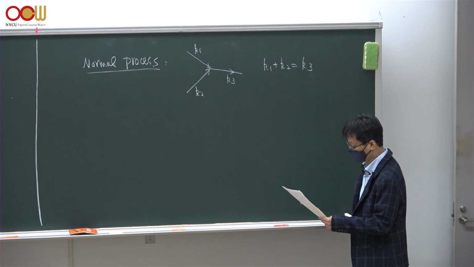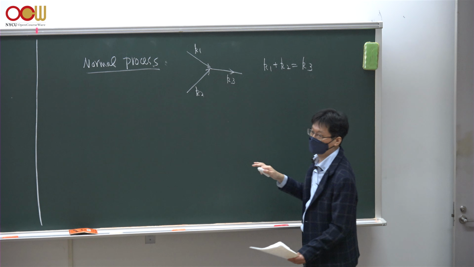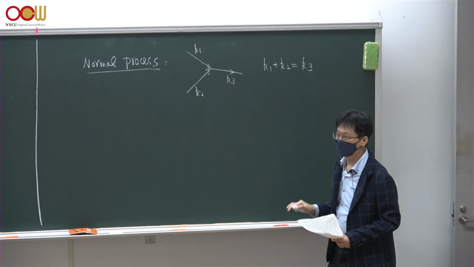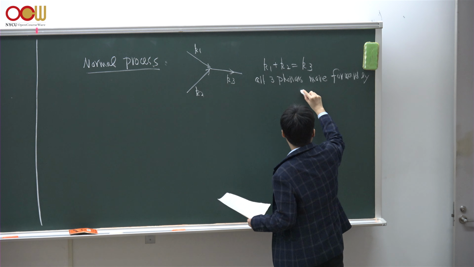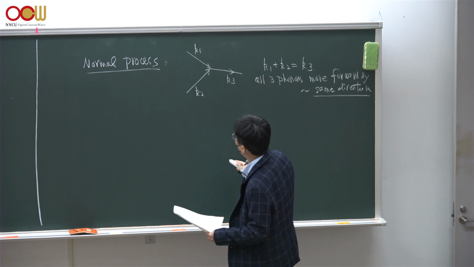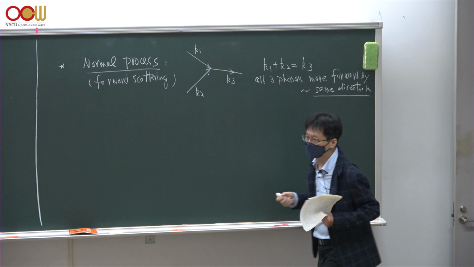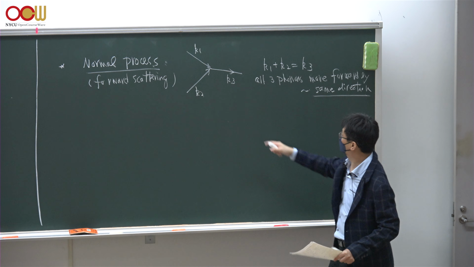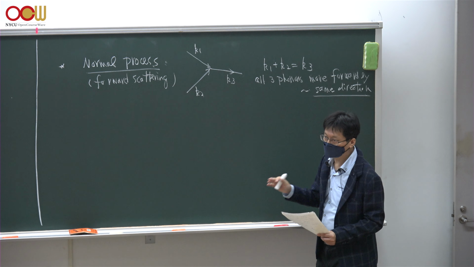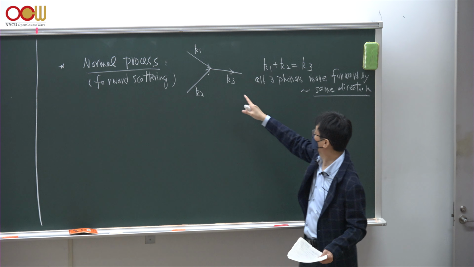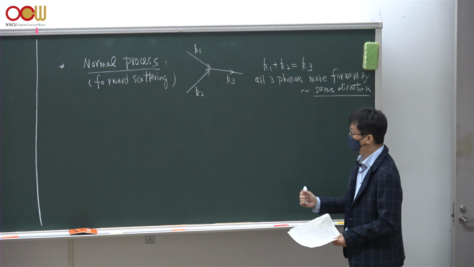If this is satisfied, it means all three phonons are moving along, roughly speaking, the same direction, moving forward. Sometimes we call this forward scattering, meaning all three particles are moving along, roughly speaking, the same direction, from left to right. Of course, their vectors are different, right? Because they have different components in, say, the y-axis, but roughly speaking, there is no turning back.